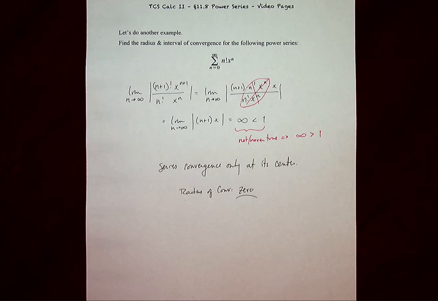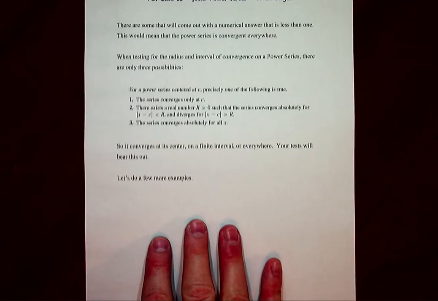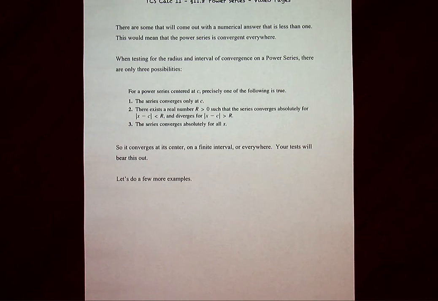So what happens here is we really have three basic scenarios when we are faced with a power series. If we have something that comes out with a variable expression less than 1, then we need to solve that inequality and determine the interval and the radius.